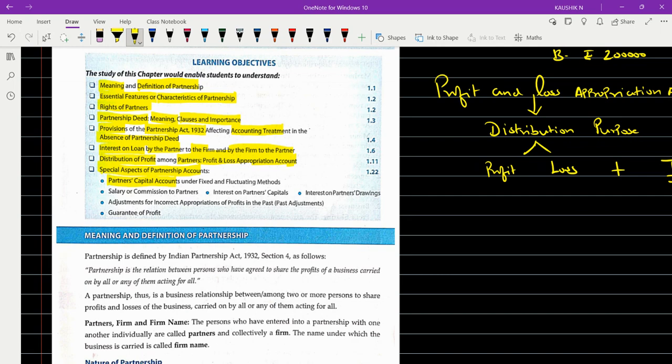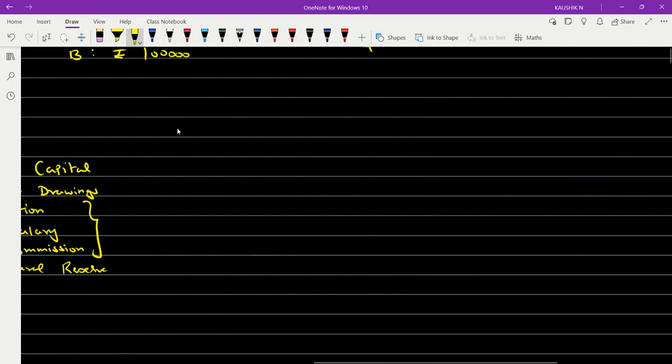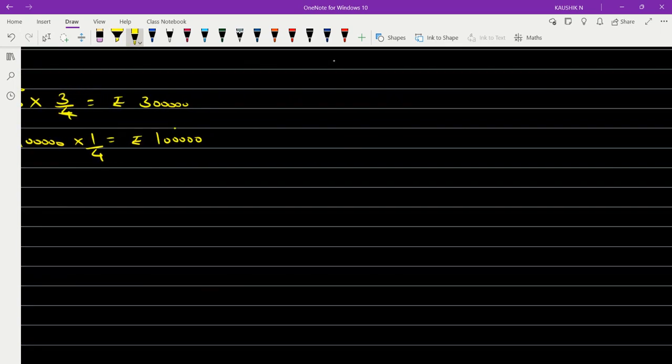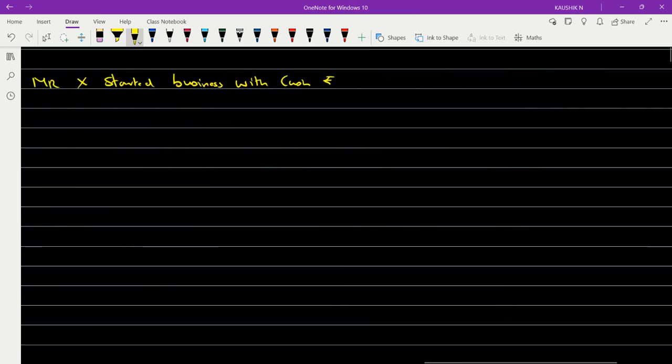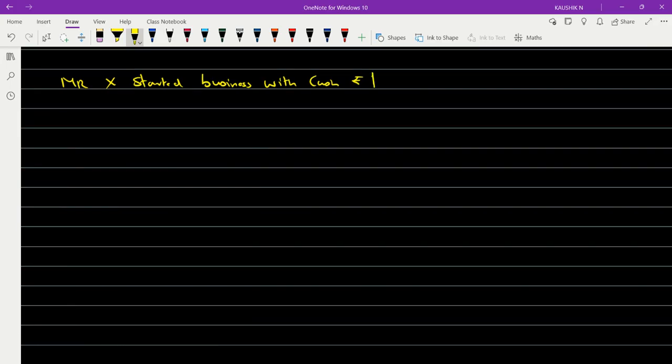For example, in 11th standard you will have come across a transaction like: Mr. X started business with cash rupees 1 lakh. Suppose this is a transaction.